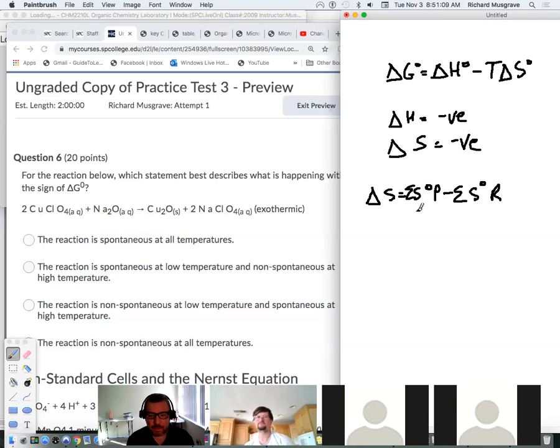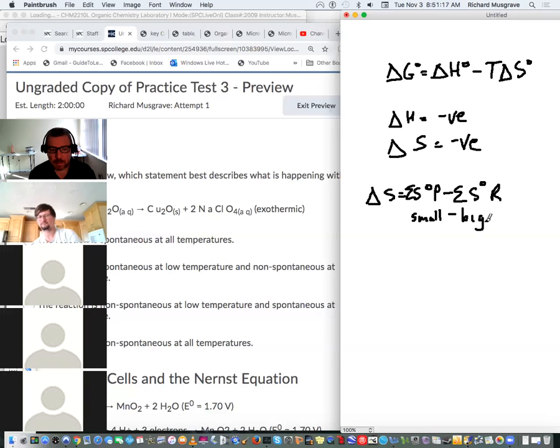In this case, this is a small number minus a big number, which brings it to being a negative value. Does anybody have any questions?